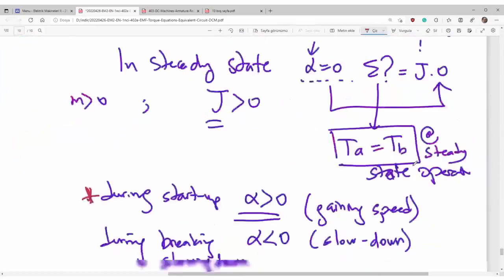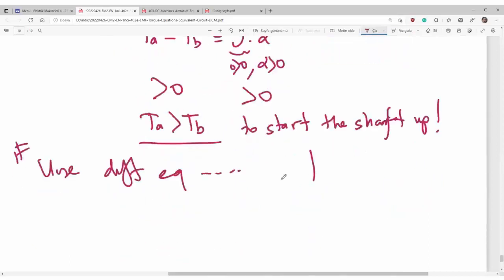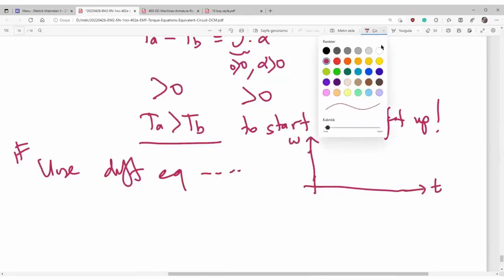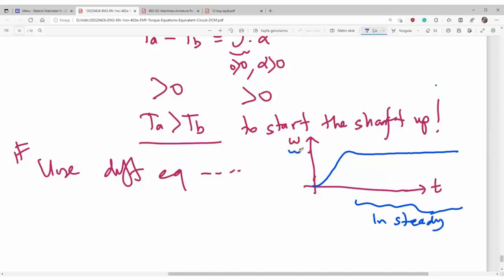That means you want to solve for the time response of speed, for example: how the speed increases when you apply electric power. Here it is in steady state. There is no change in speed, you see.